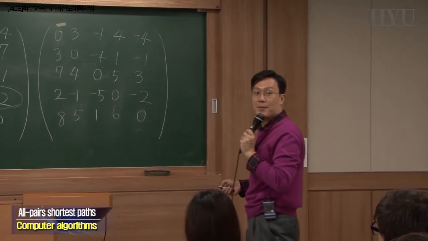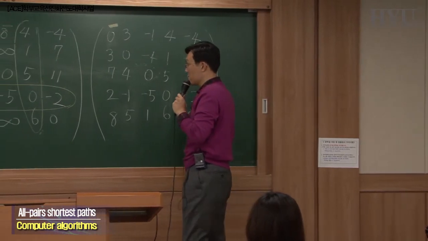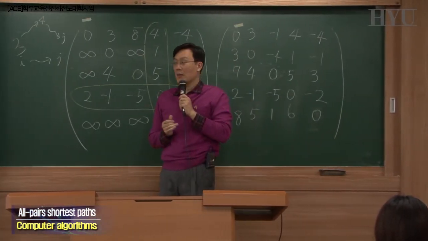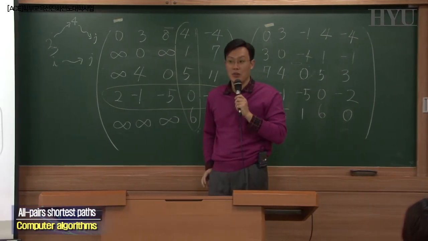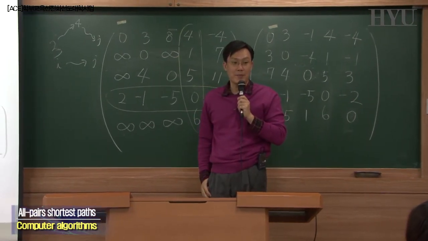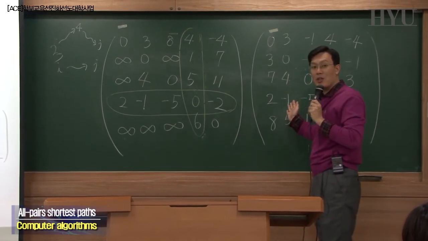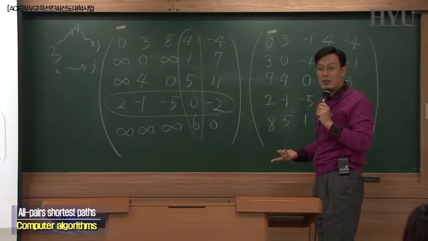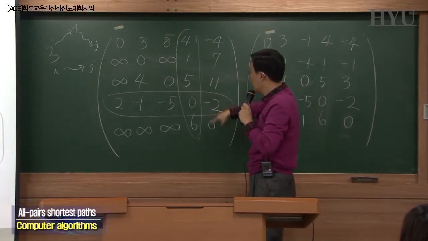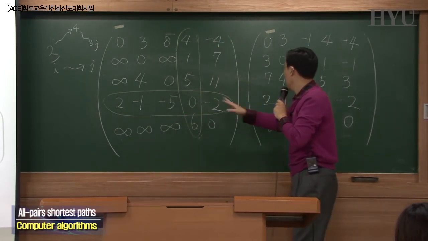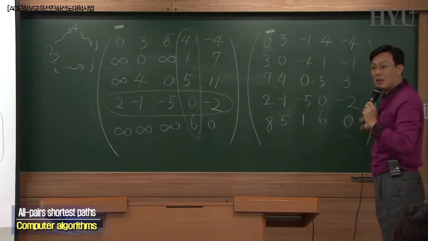Yes, they are the same. So this is one iteration of the Floyd-Warshall algorithm. In the next round, we use vertex 4. In that case, we use this column and this row. Here. This column and this row.